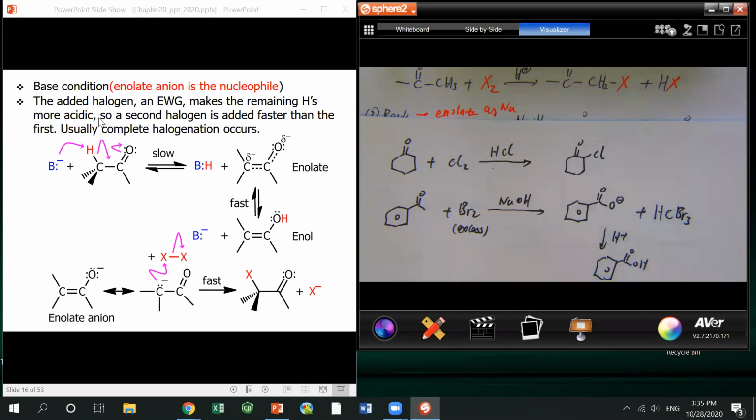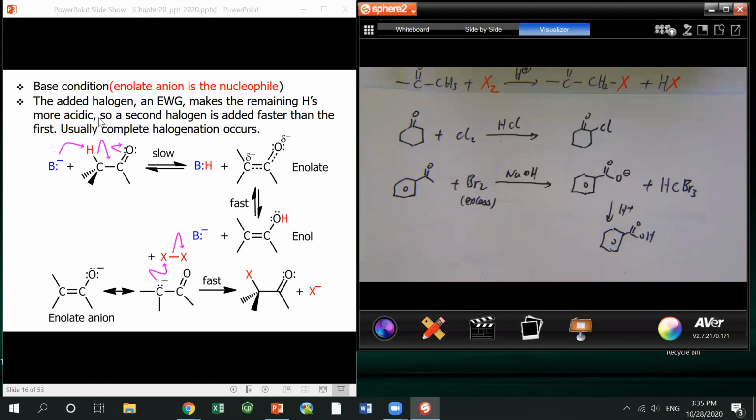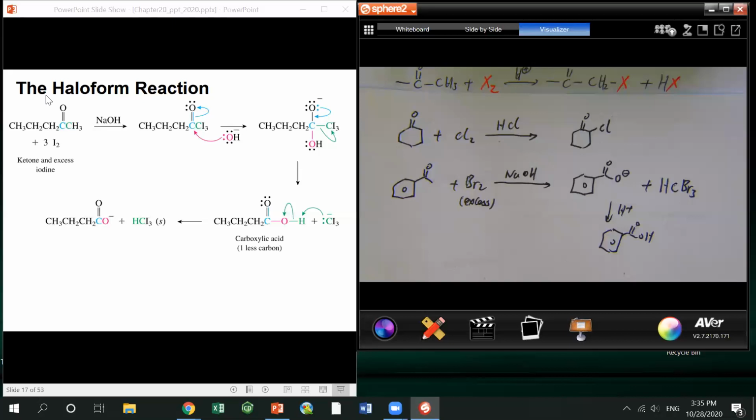So that's the haloform reaction. If you use iodine as the halogenation reagent, then after the reaction we get iodoform, and this one is actually a yellow precipitate, which cannot dissolve in the organic solvent.